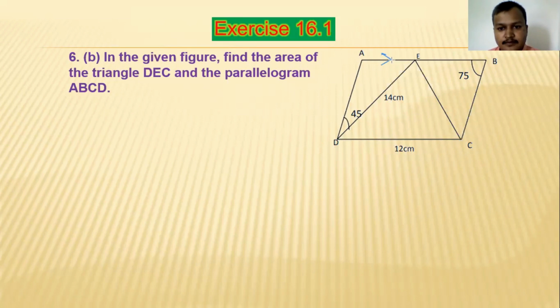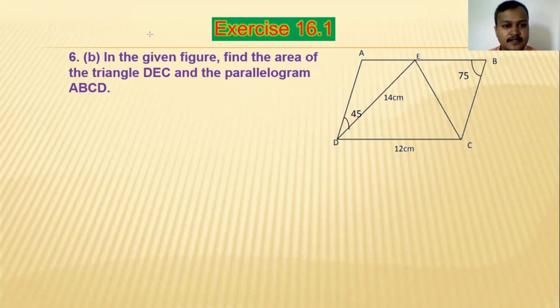Both are formed between the same parallels: the upper parallel line is AB and the lower parallel line is DC. In that case, the area of the parallelogram is double that of the triangle, or the area of the triangle is half of the parallelogram.